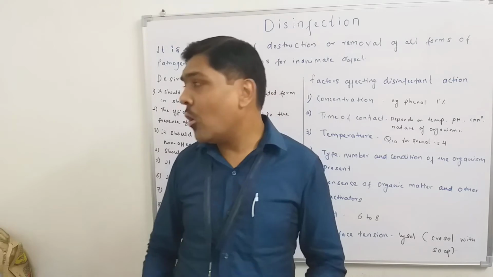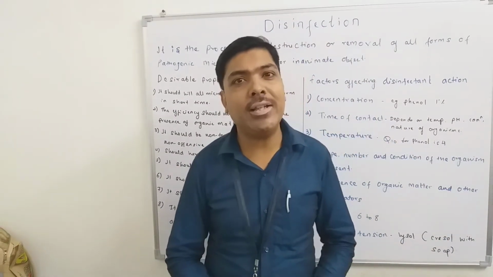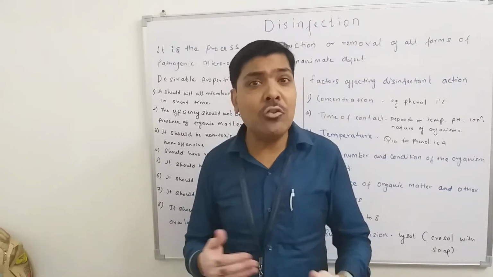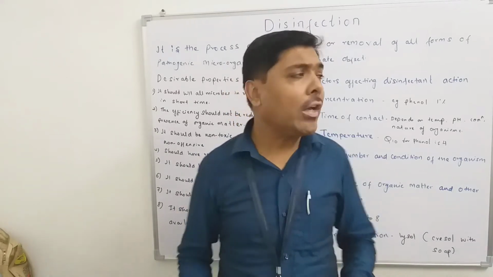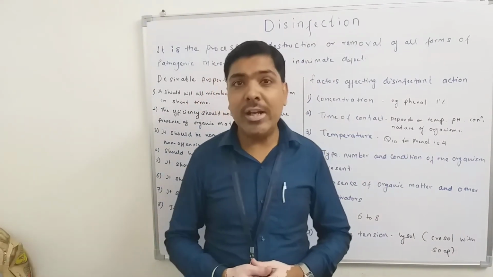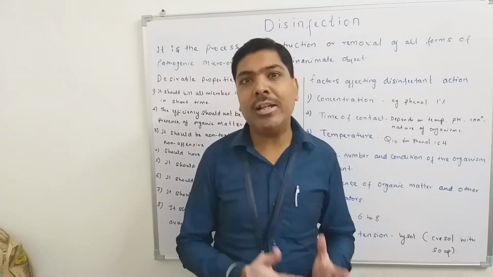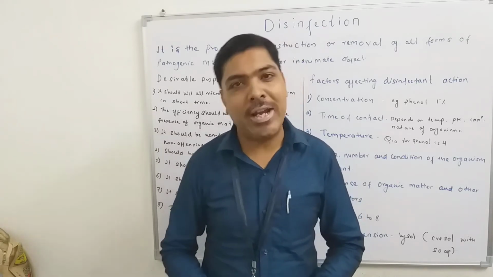When we talk about the ideal properties of a disinfectant, the first ideal property is it should be effective at a very lower concentration. Means dilution is generally practiced with the disinfectant. So the relationship between the concentration and the activity in case of the disinfectant is not directly proportional.